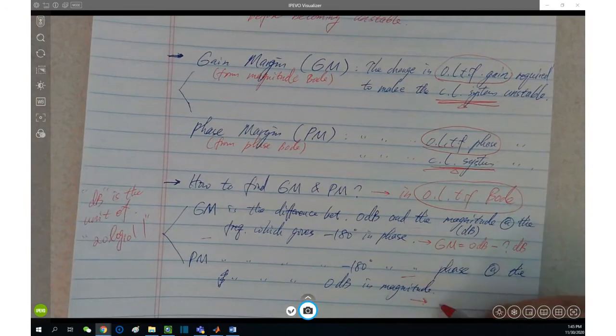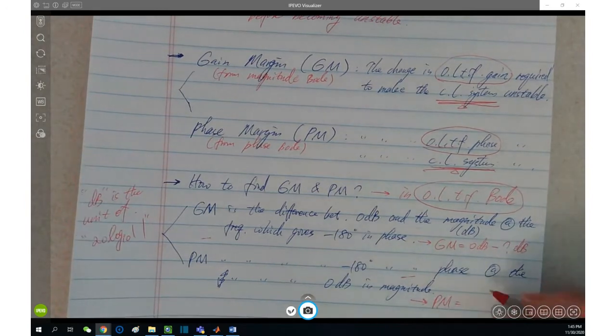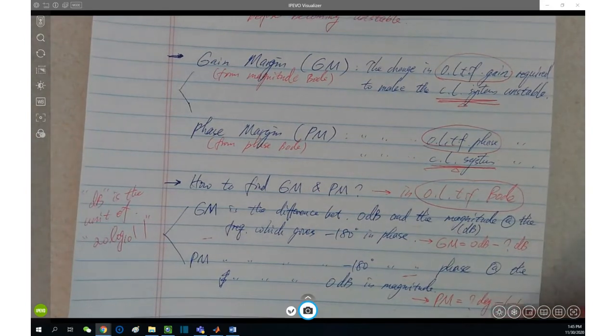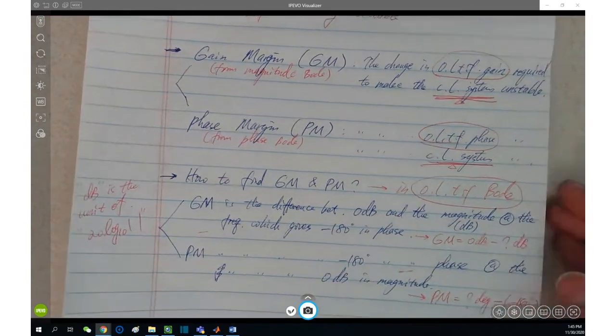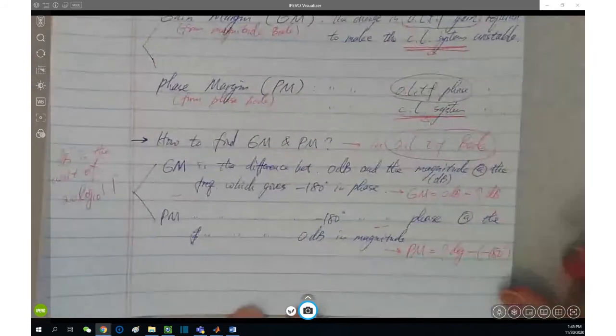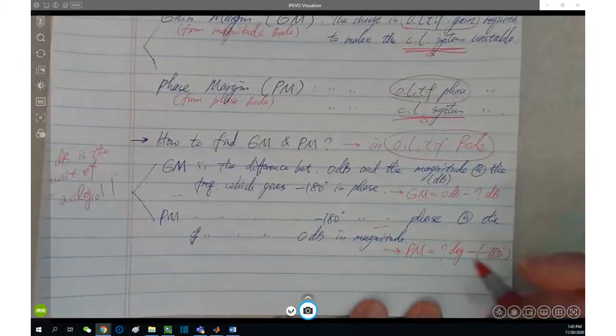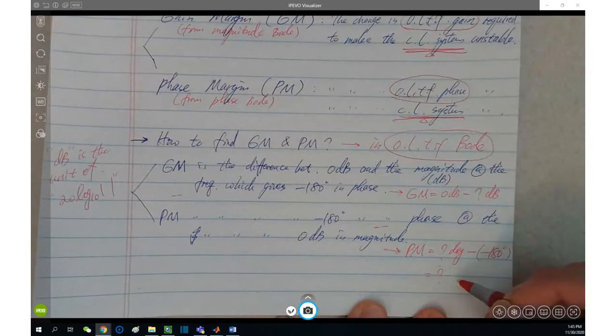And we are following this equation here too. Minus negative 180-degree. And of course, it also equals this guy plus 180-degree.